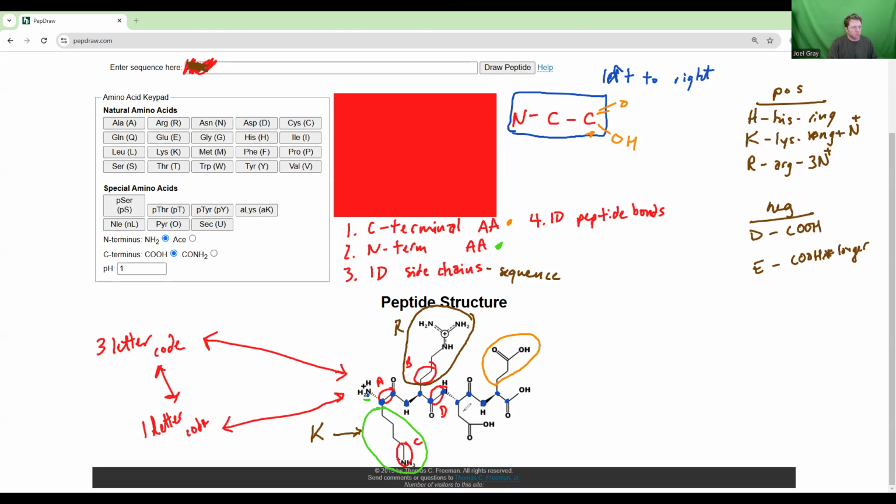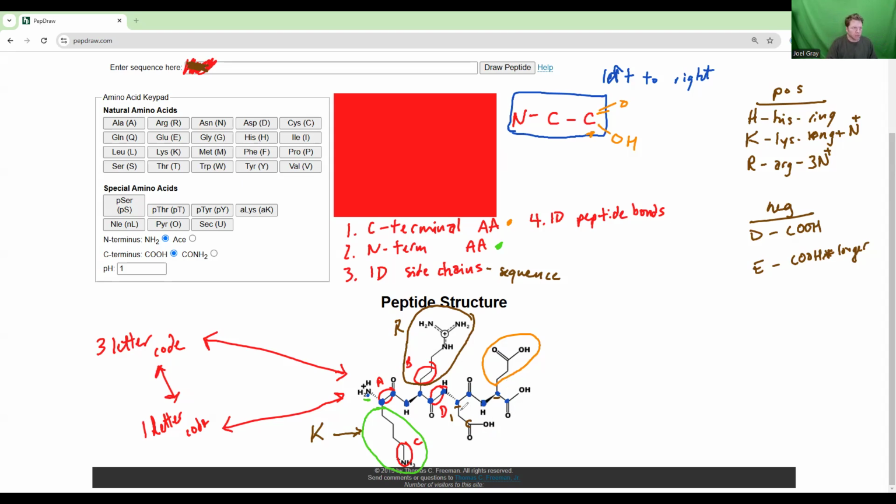The last 2 groups, I'm going to use my alpha carbon and do the comparison that way. I've got 1 carbon, this little edge there, that indicates 1 carbon or 1 CH2, and then this right here is COOH.